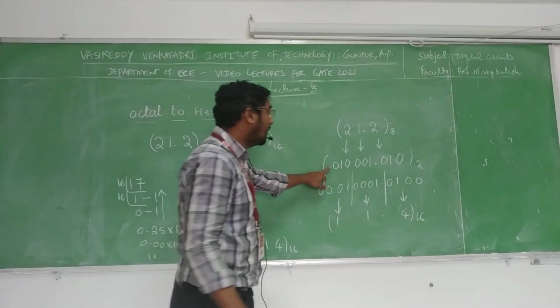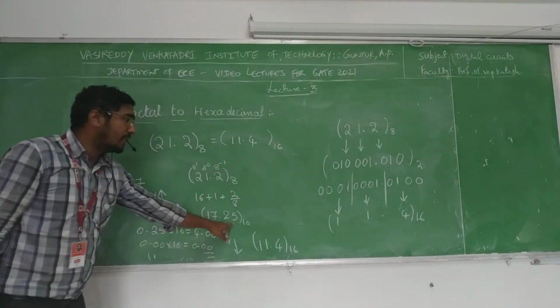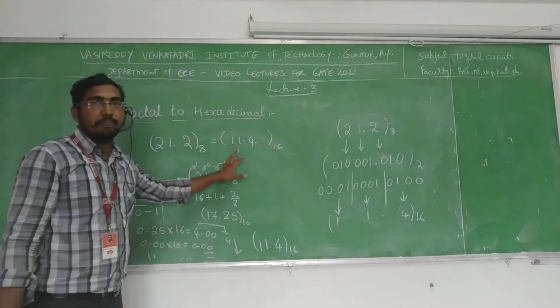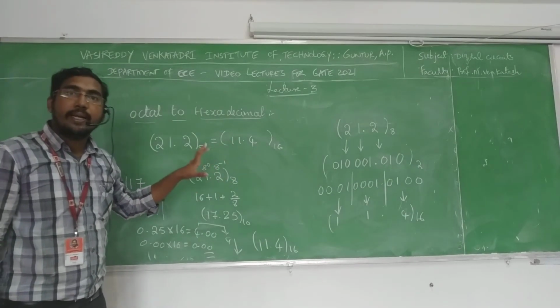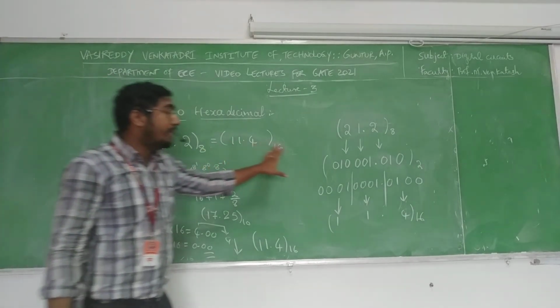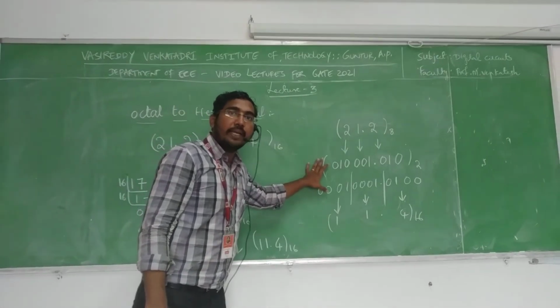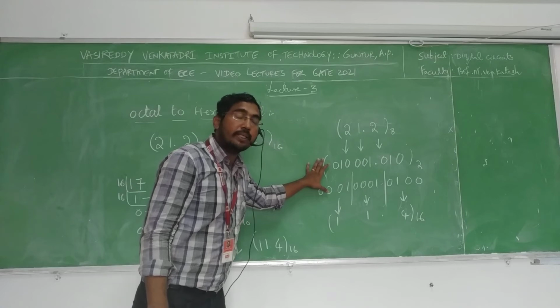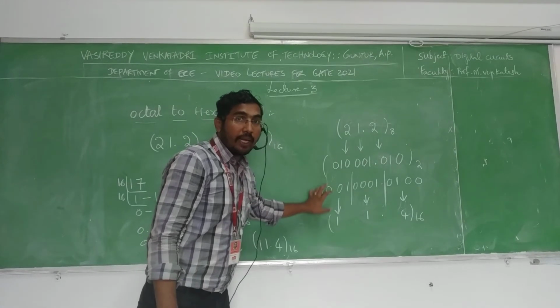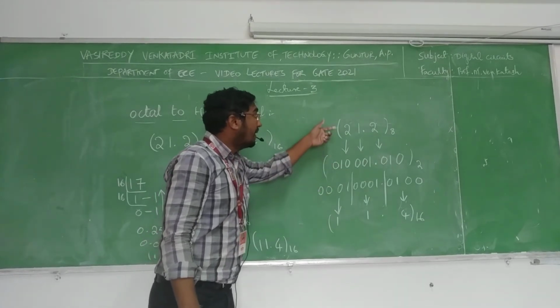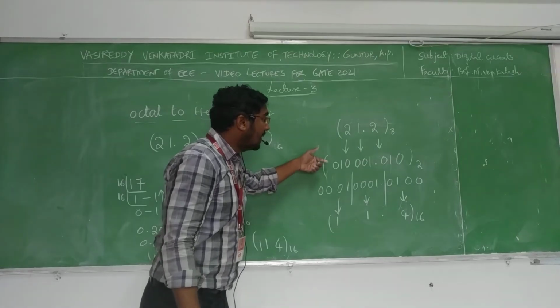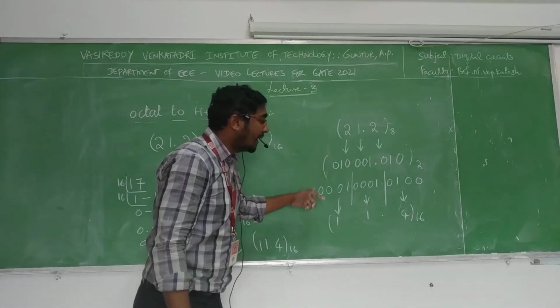Either you take the help of binary or you take the help of decimal, the end result is same. But try to understand the headache in the procedure of decimal and the easiness in the procedure of binary. Binary is always a very easy and convenient method to convert octal to hexa, because it is just representing each digit in binary equivalent, then grouping and writing hexa.